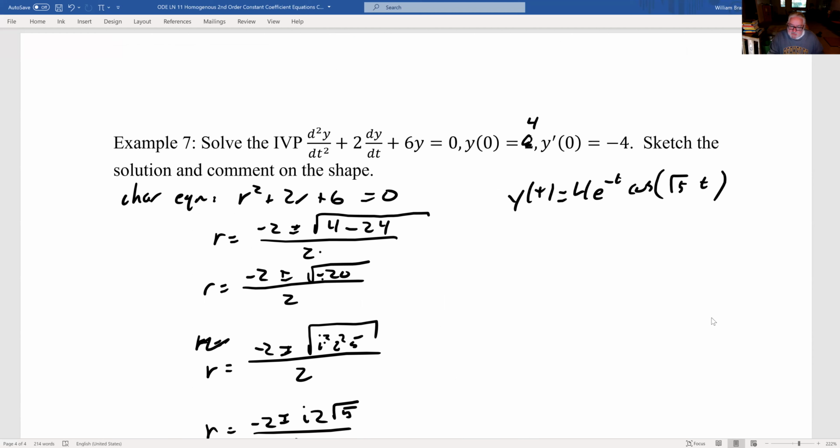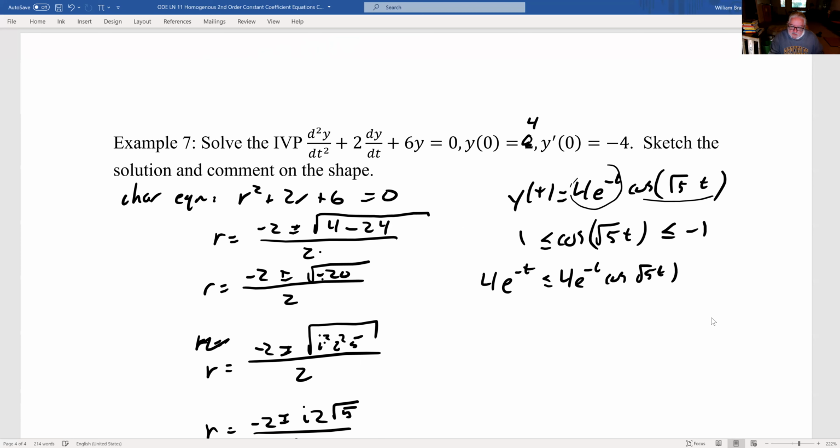Well, keep in mind, if we want to graph this, that cosine of square root of 5t is between minus 1 and 1. So that means that 4 e to the minus t times cosine square root of 5t, plus 1 here, minus 1 there, is between minus 4 e to the minus t and 4 e to the minus t.